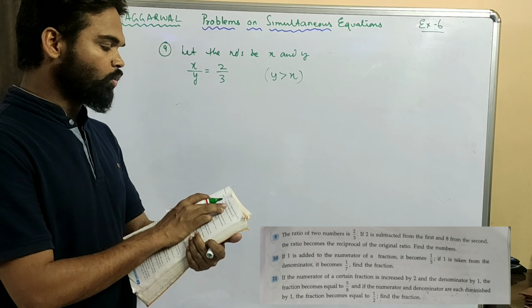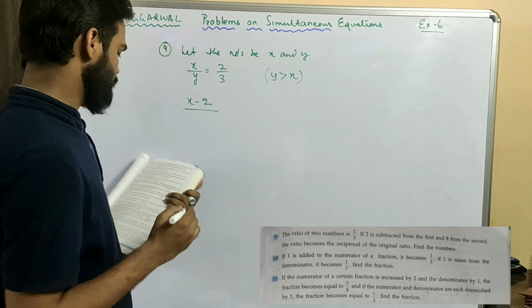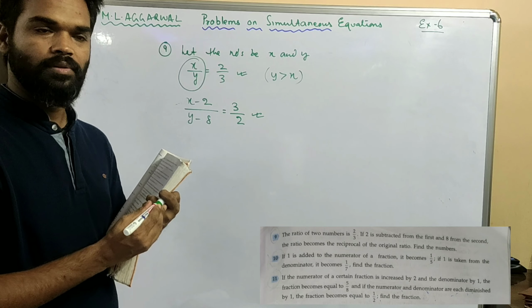Now, if 2 is subtracted from the first, okay, and 8 from the second, so y minus 8, the ratio becomes the reciprocal of the original ratio. Reciprocal of the original ratio, which means the original ratio was 2:3, so it becomes 3:2. That's my equation. Am I clear?